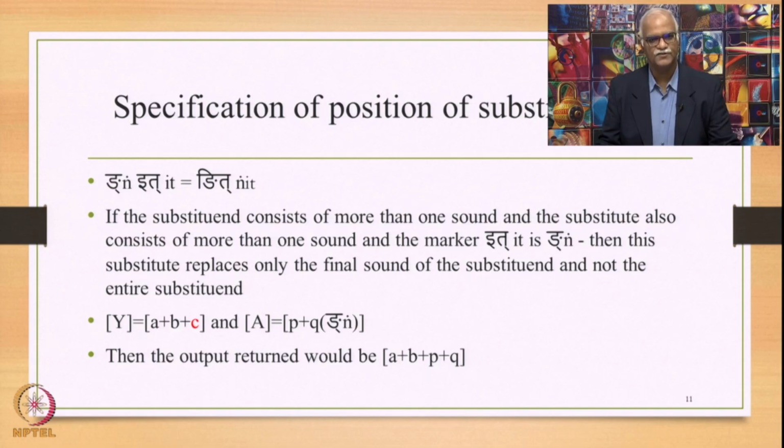I repeat, if the substituent consists of more than one sound and the substitute also consists of more than one sound and also the marker it in it, and that marker is ng, then this substitute replaces only the final sound of the substituent and not the entire substituent as we saw earlier in the previous example, where the entire substituent was replaced.